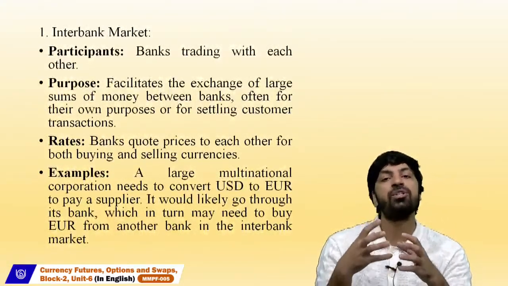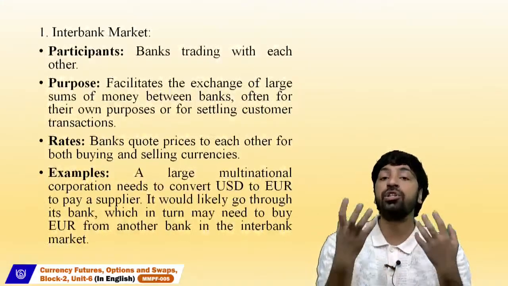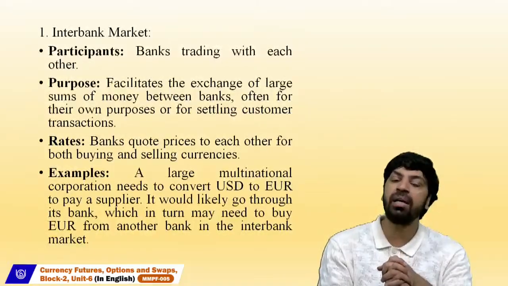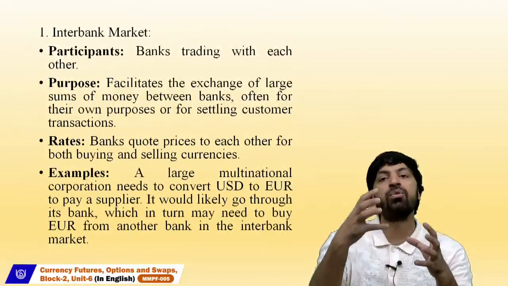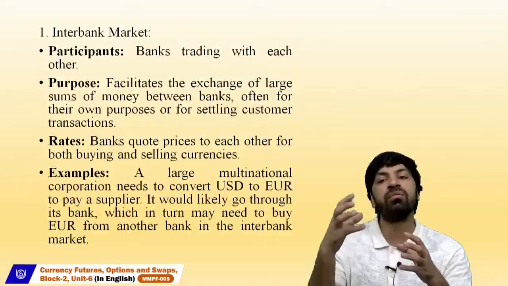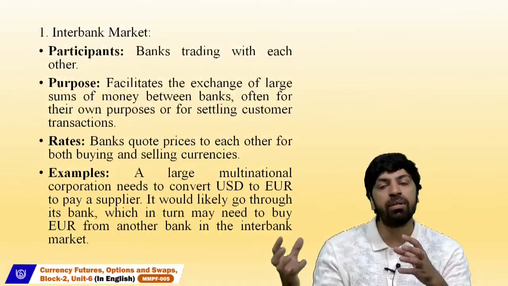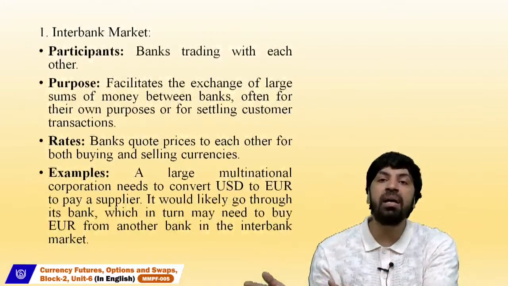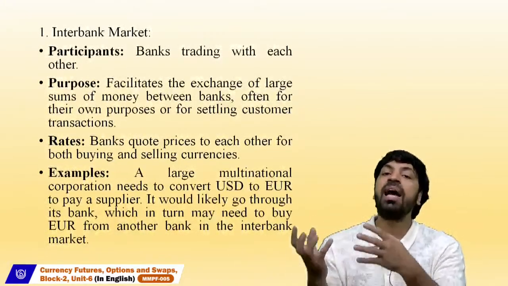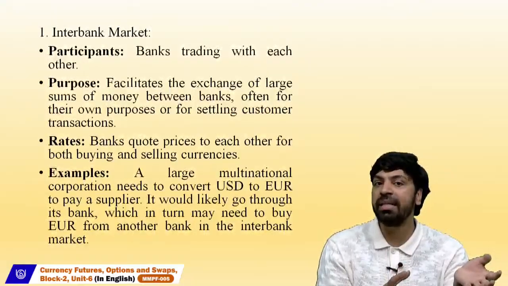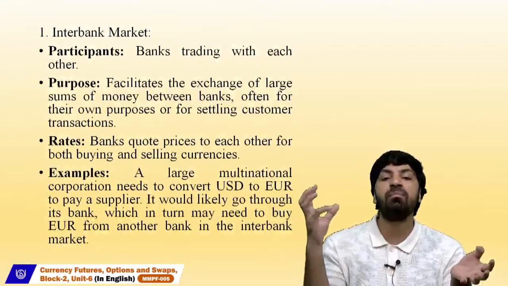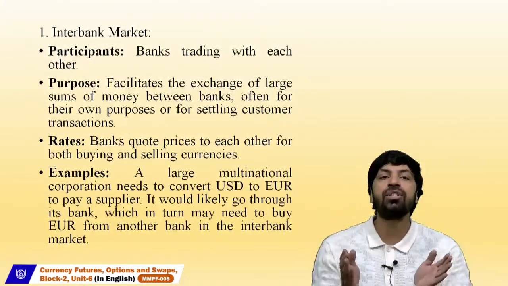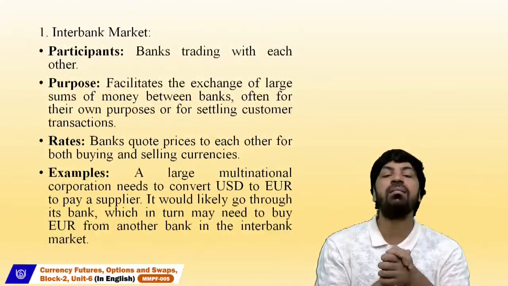The bank needs to buy the euros from another bank in the interbank market. So if the organization goes to that bank and wants to convert US dollars into euros, that bank will go to another bank to buy the euros, so that they can assist the organization, and accordingly they will make the payment to the supplier. This is the whole transaction of the interbank market.